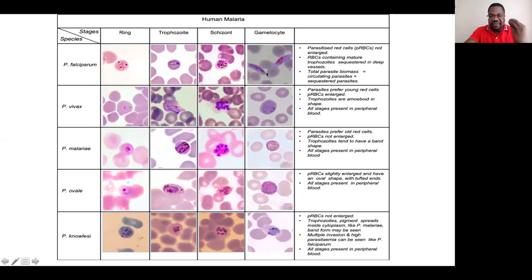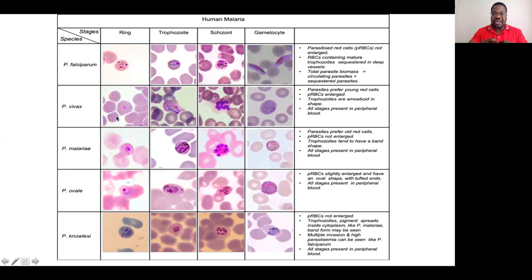But how is it different from Plasmodium vivax? In Plasmodium vivax, you can see that the red blood cell that is infected has a modification in its size and shape. The shape changes and the size increases.